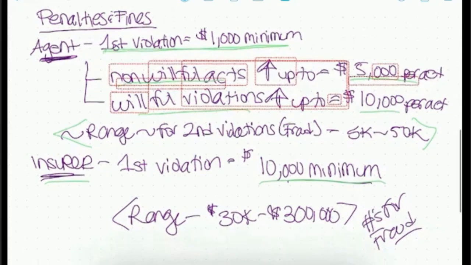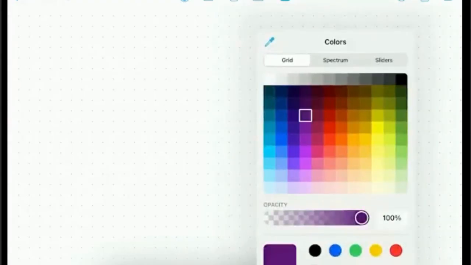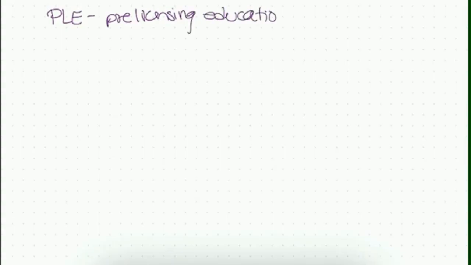Now, let's go on to the pre-licensing requirements, okay? That we were just discussing. Okay, PLE, pre-licensing education requirements, okay? 20 hours per line of authority.